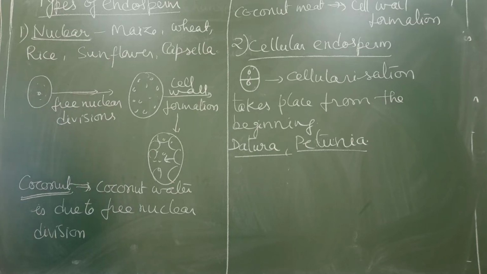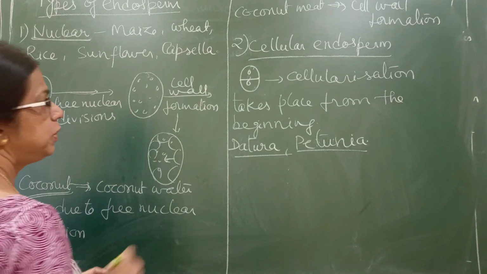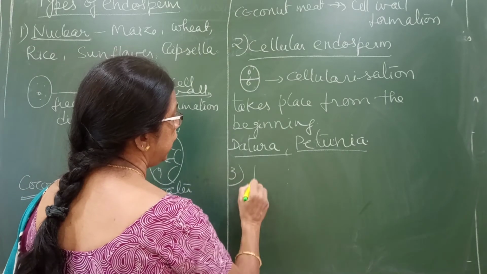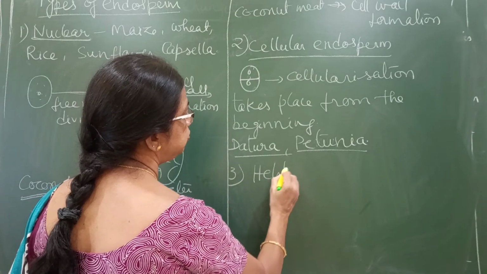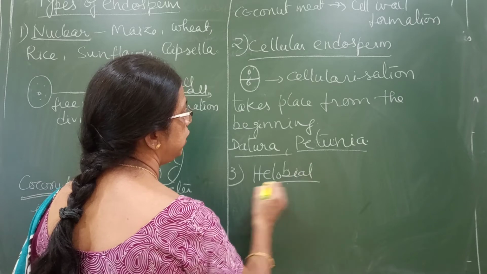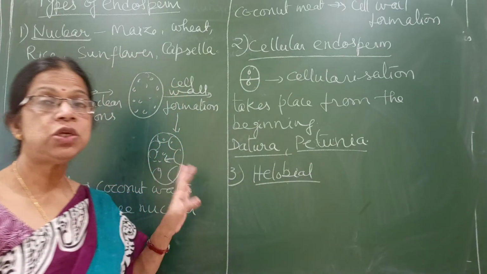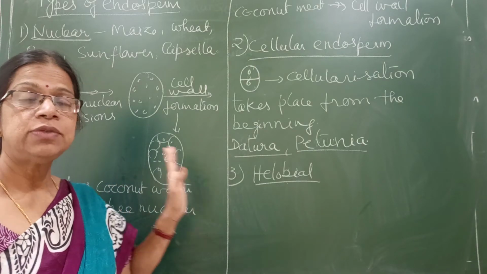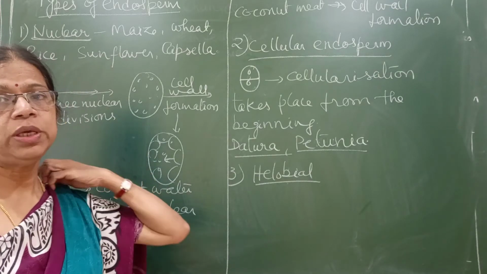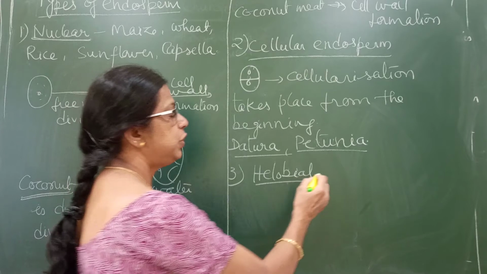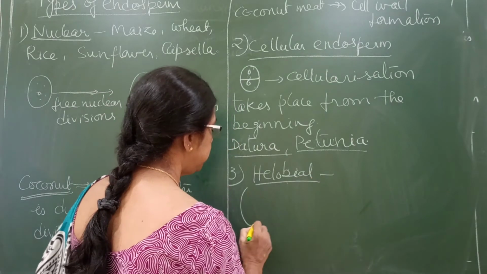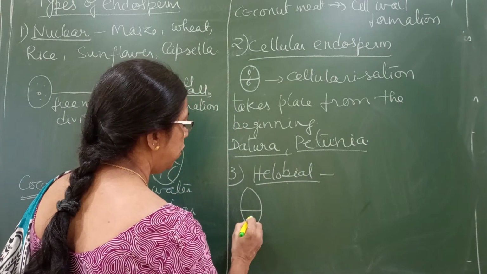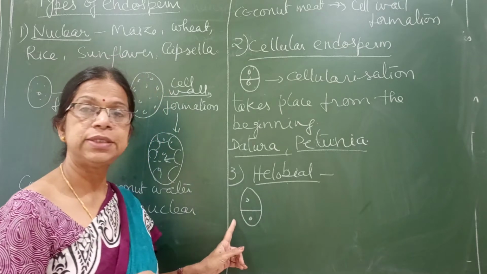Now, the third type is called as helobial endosperm. Helobial is a combination of both. It is a combination of nuclear as well as cellular. So here what happens is, initially the primary endosperm cell will divide to form two unequal cells.